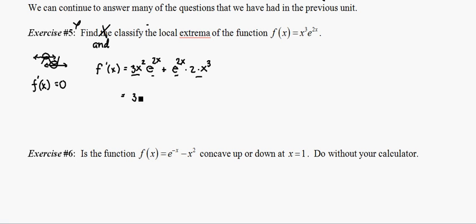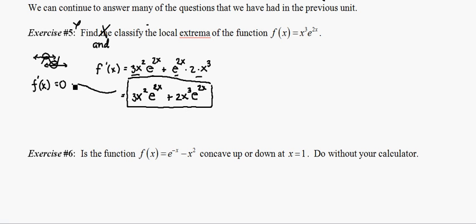So as I was saying, if you've got mixed up exponentials and power functions, I find it's an advantage to bring the power functions in front of the exponentials. So here's our final derivative. We want to figure out where we have local extreme values, so we set it equal to 0.